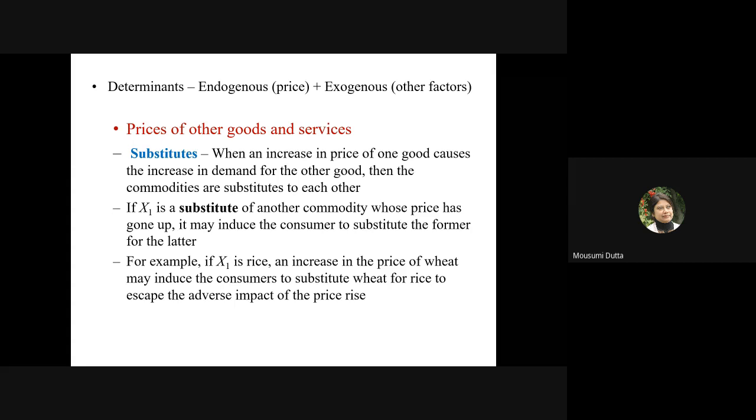Among these things, you can change one, keeping the rest of the things constant. That is, you can manipulate. However, for the endogenous thing, you will not be able to manipulate, because if quantity demanded changes, price will automatically change. So the price moves along the demand curve. It is an endogenous variable.